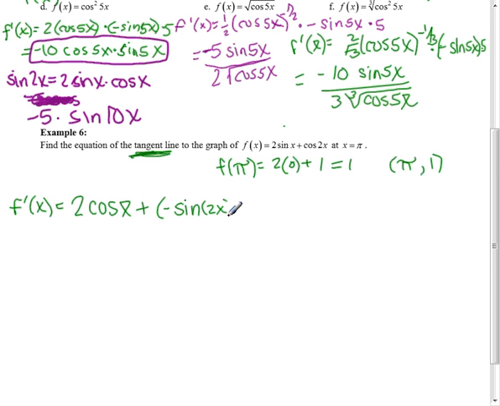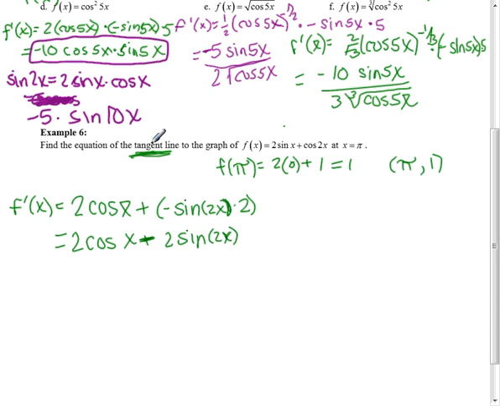Don't forget to multiply by the derivative of the 2x, which is just 2. Now I could simplify or rewrite this a little bit if I want. 2 cosine of x minus 2 sine of 2x.